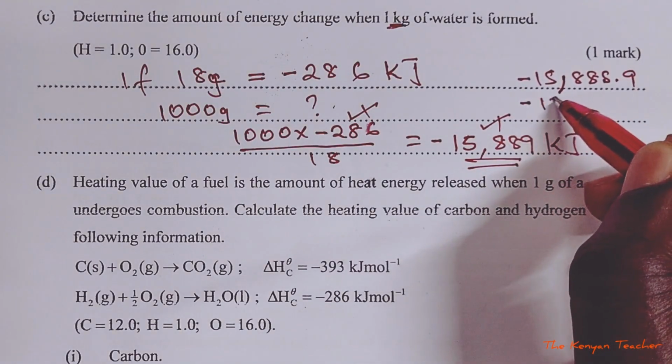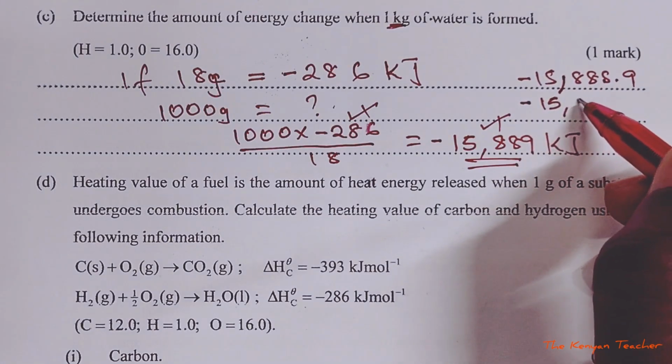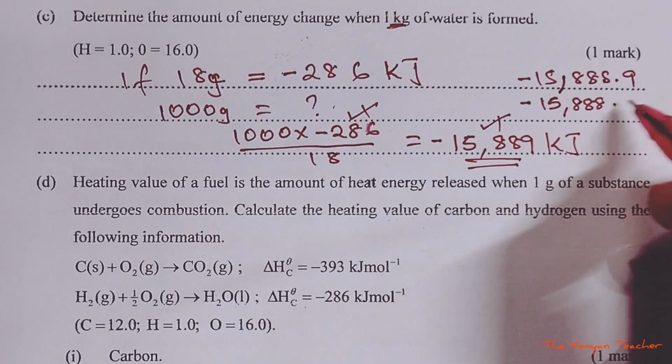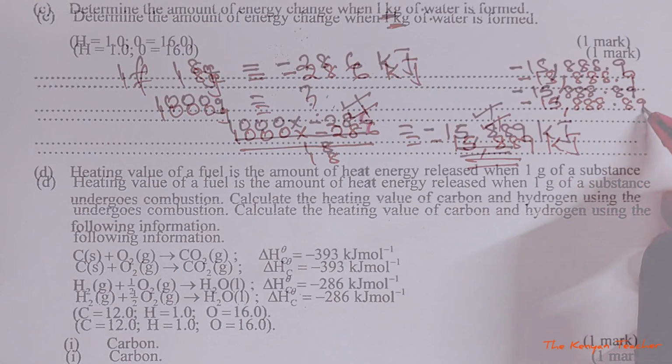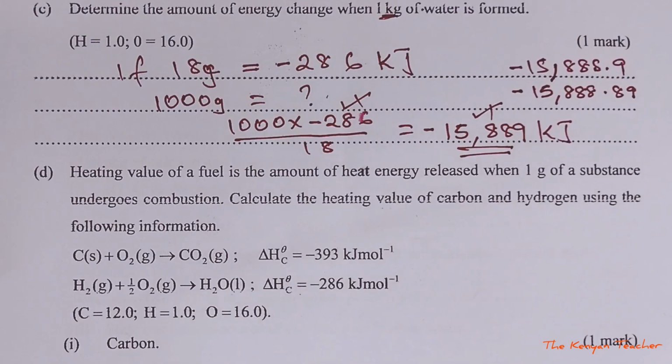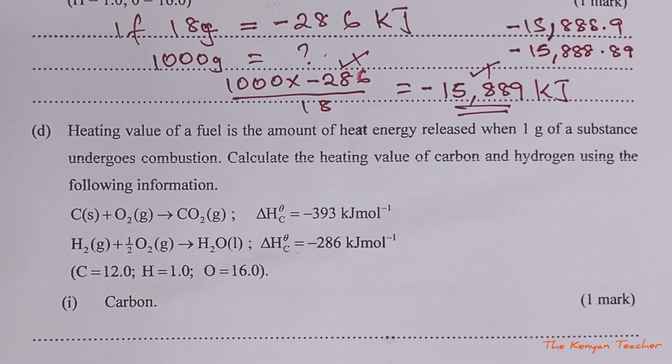We also had negative 15,888.89. That would depend on the number of decimal points that a student would wish to express the answer to. And with that, we proceed to section D.